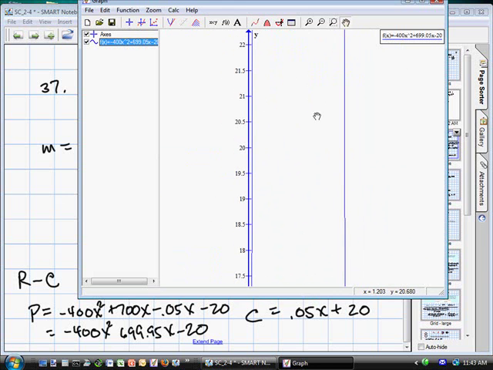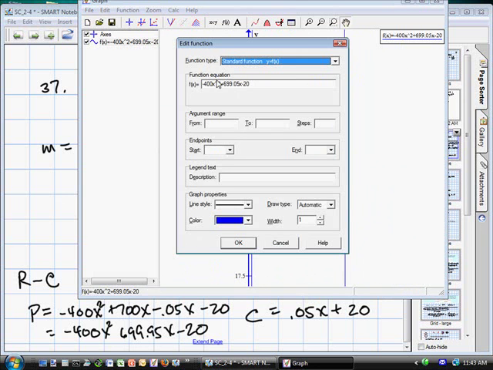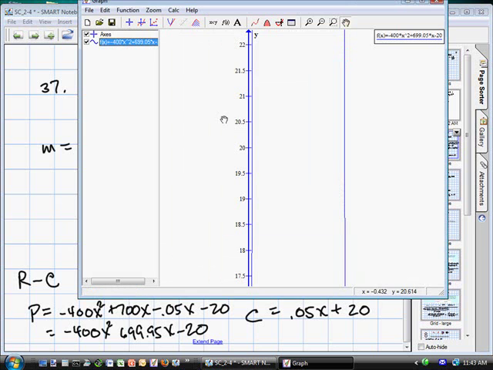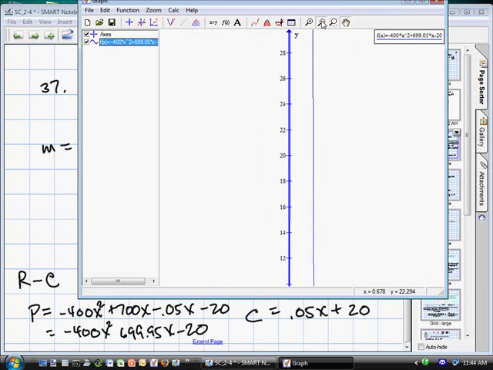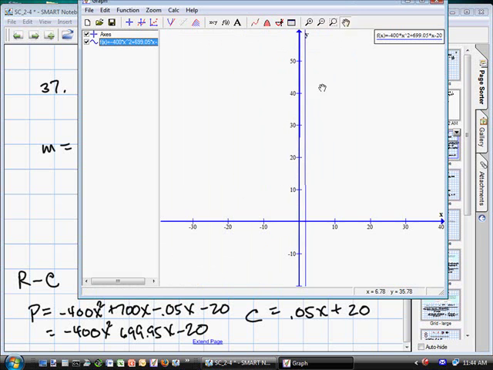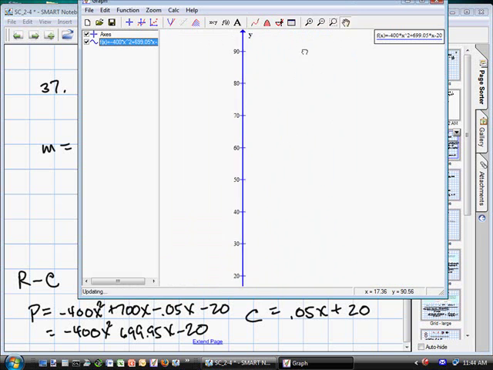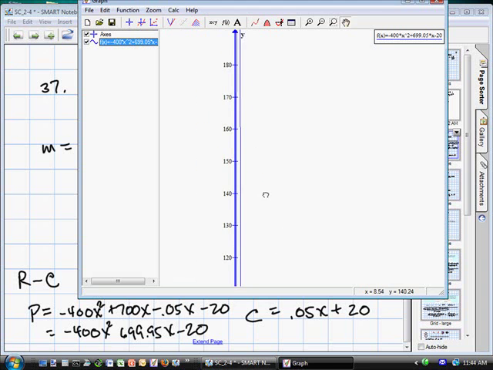What in the world's going on here? Let me double check if I need to... nope. We should have a parabola, and I'm not seeing one here.